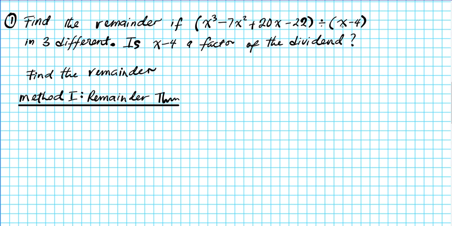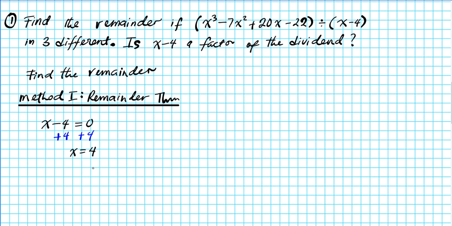We take the divisor, which is x minus 4. We set it equal to 0, and we will find the 0 of this divisor. That can be accomplished by simply adding 4 to both sides of the equation. So x equals 4 is the root of this equation.